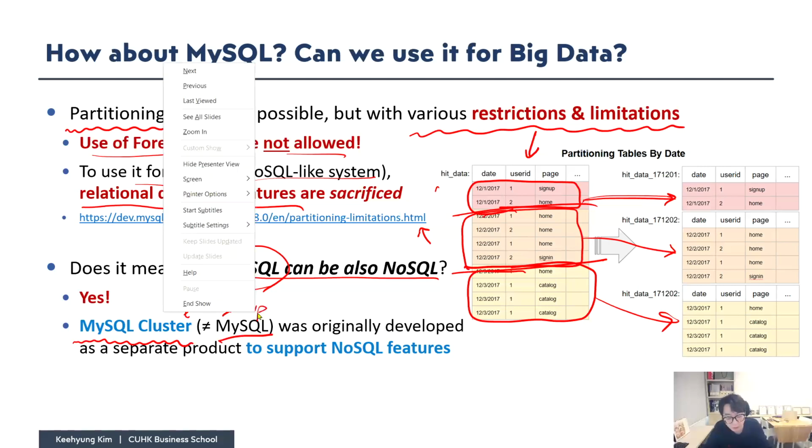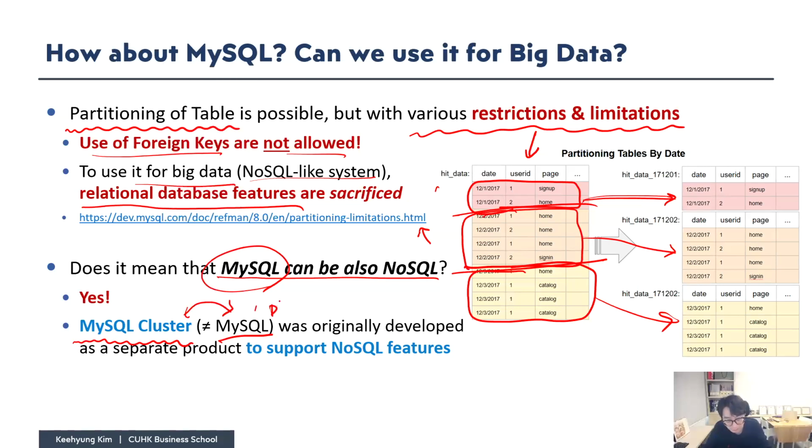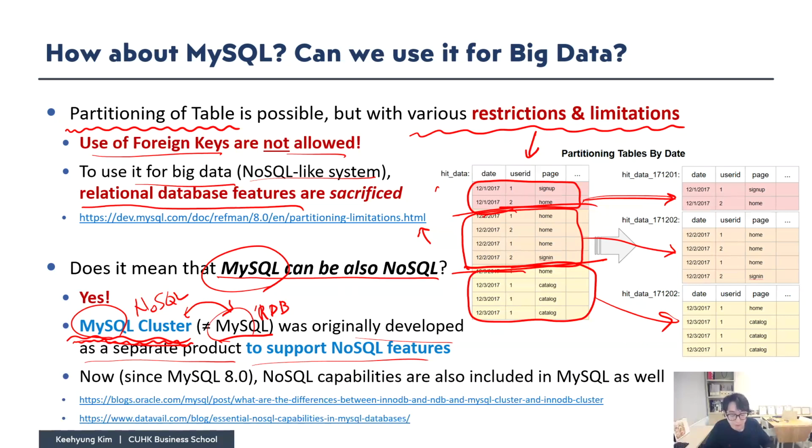MySQL is a relational database, while MySQL Cluster is NoSQL. They made a completely different product but used the same name, MySQL. MySQL Cluster was originally developed as a separate product by Oracle to support NoSQL features. But now, from MySQL 8.0, they actually combined these two together. So when you use MySQL, you can change the setting to use MySQL as a NoSQL.